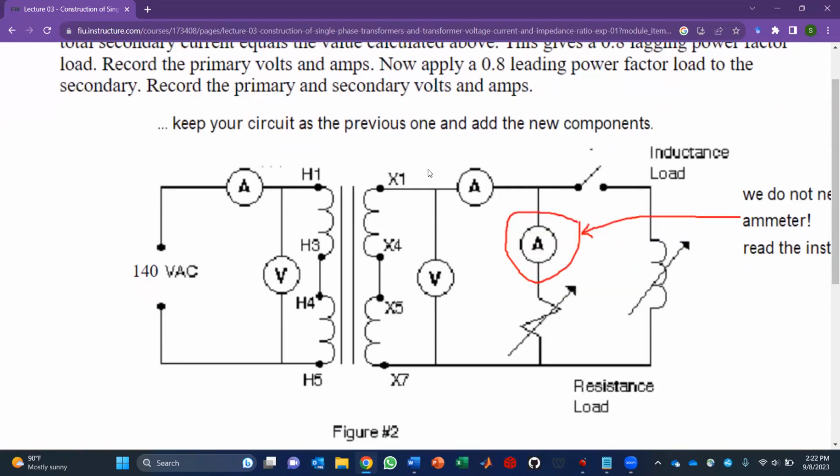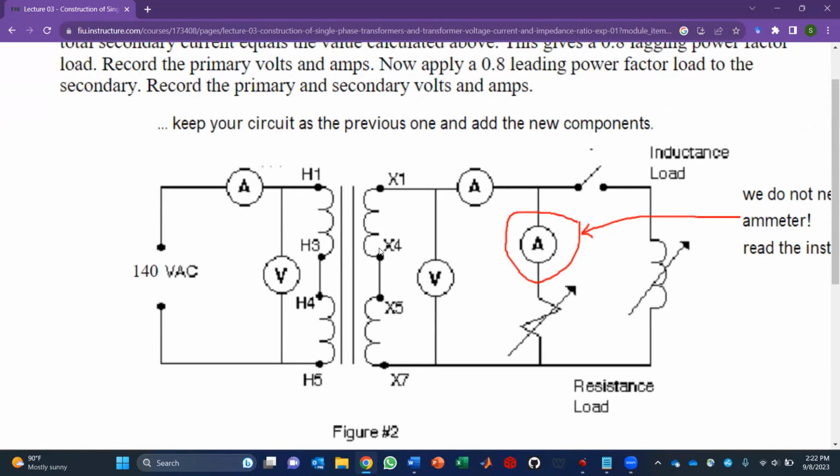So I will be measuring that. All you have to do is take a note of those values. For instance, primary side's current, voltage, power, power factor, secondary side's power, voltage, current, and power factor. You need to calculate primary side's impedance, secondary side's impedance, and turns ratio.